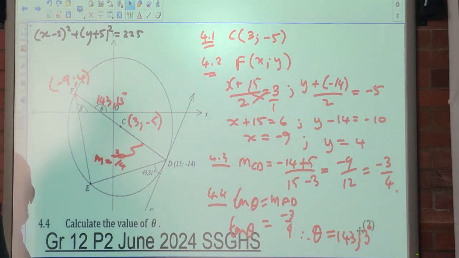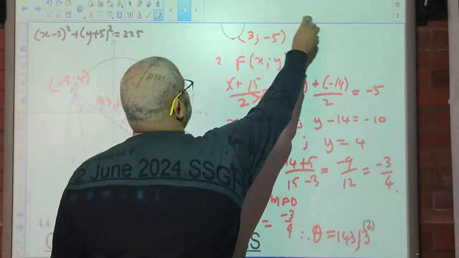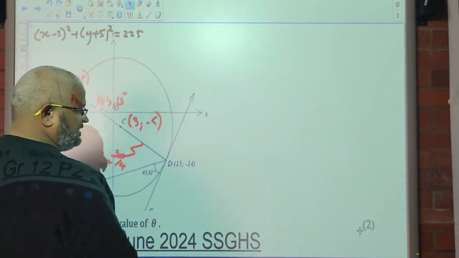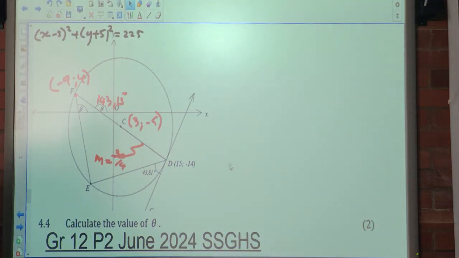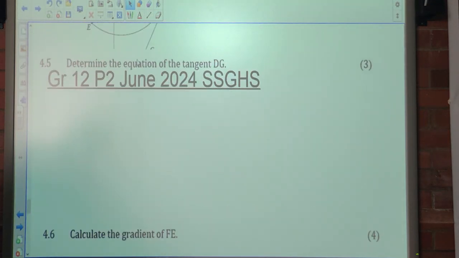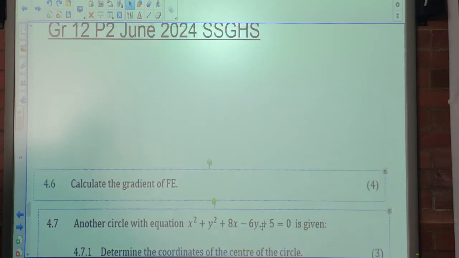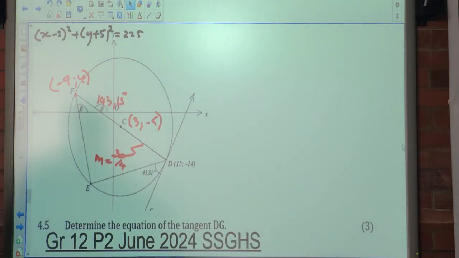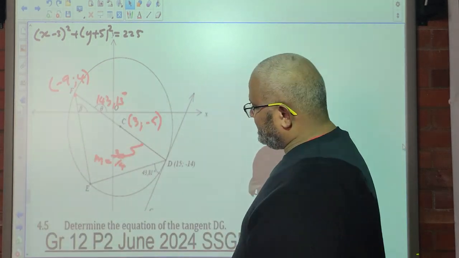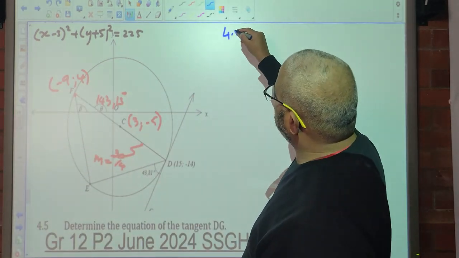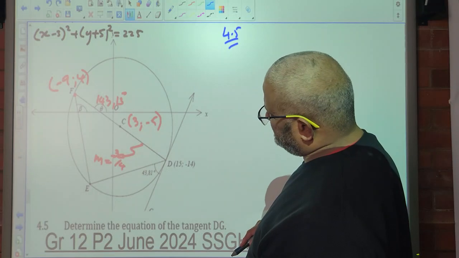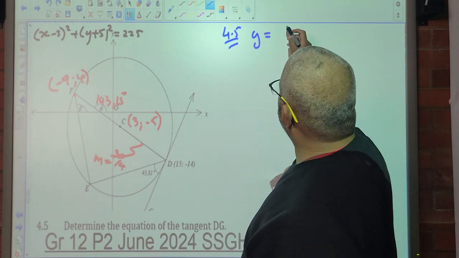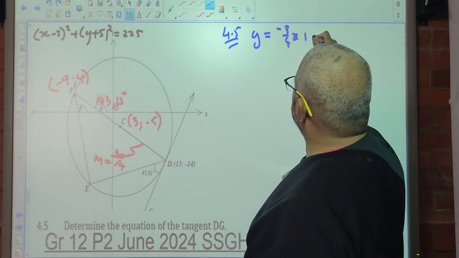Then all this information is of course on the diagram at our disposal, but I would like to keep the diagram in focus. The question then says determine the equation of DC. People, the equation of DC will be in the form y equals mx plus c. So y is equal to mx, which is in this case negative 3 over 4 x plus c.